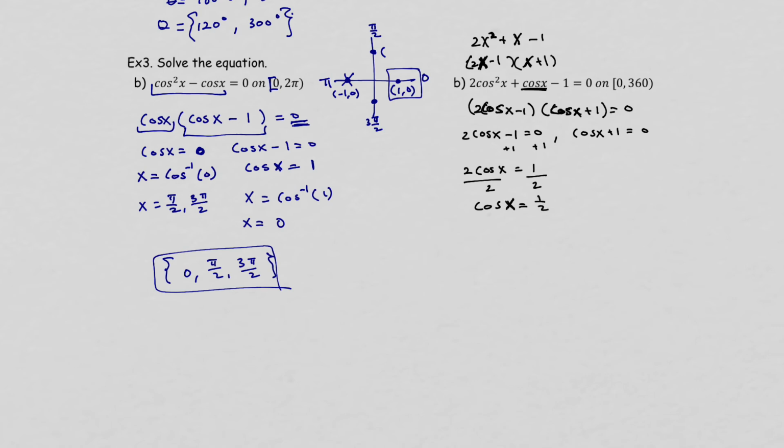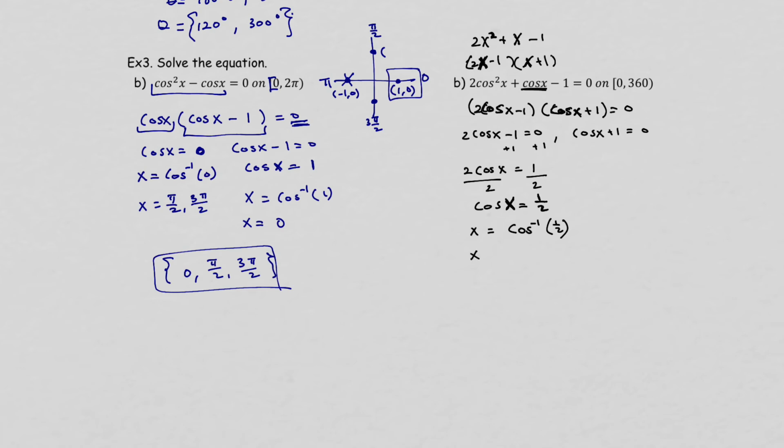What does this mean? It means what angle gives you a value of 1/2. So you should be able to write that as x equals cosine inverse of 1/2, right? This is what they're asking. Which angle gives you 1/2?